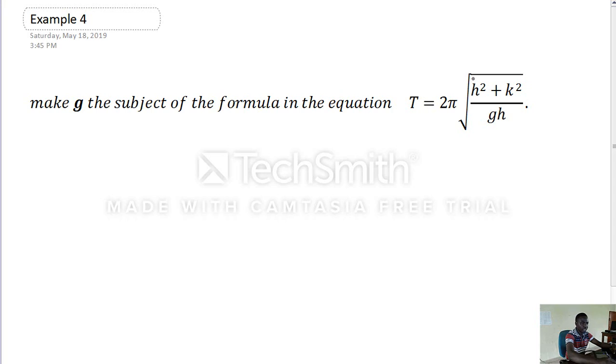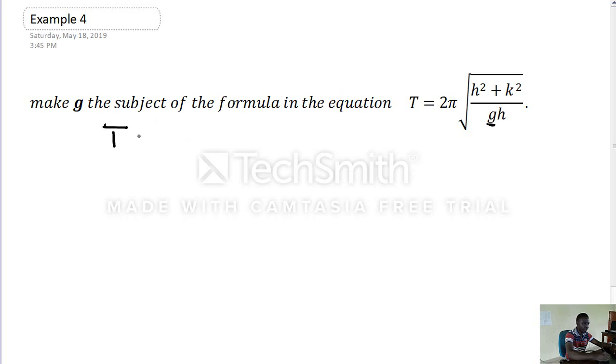So we are to make g the subject of the formula, meaning g should take the place of t. And how do we do that? We can't just pick g and substitute it with t on the left hand side, but we are going to use the mathematical processes in actualizing this. So first thing we are going to do is, let me write the equation.